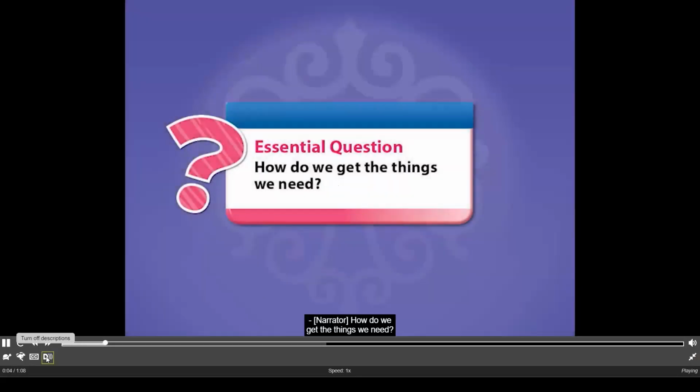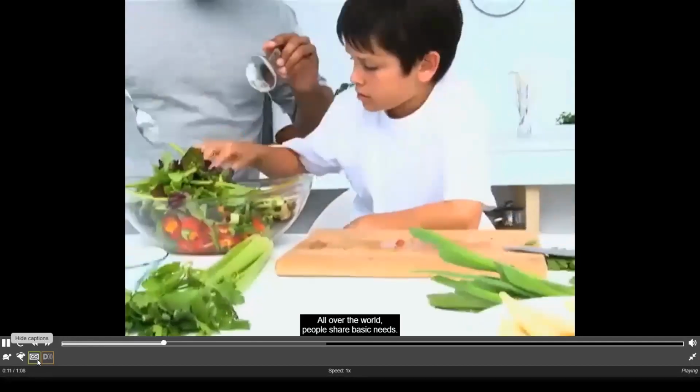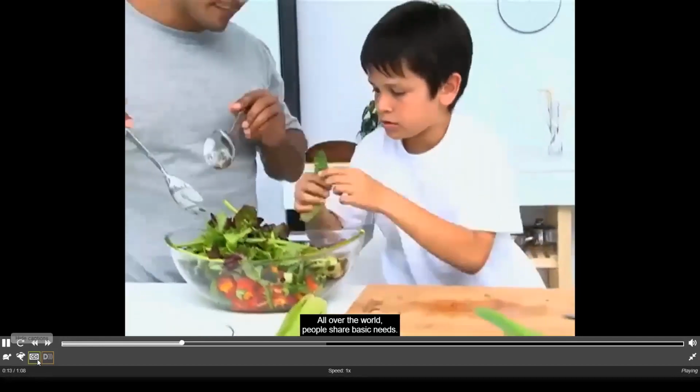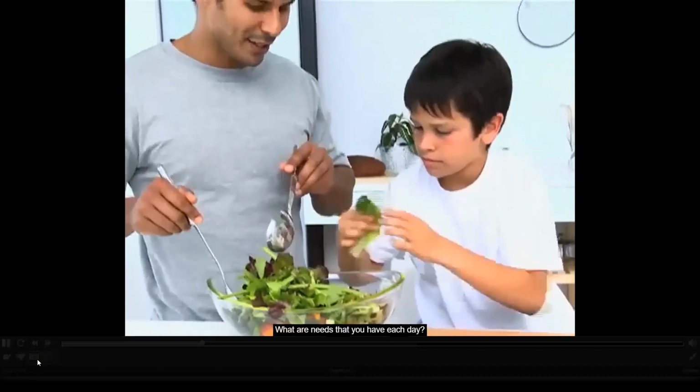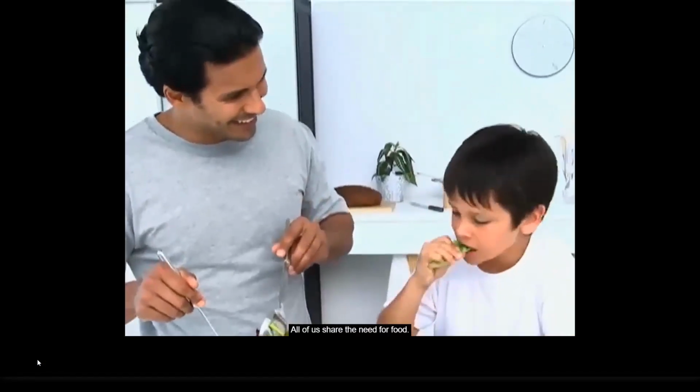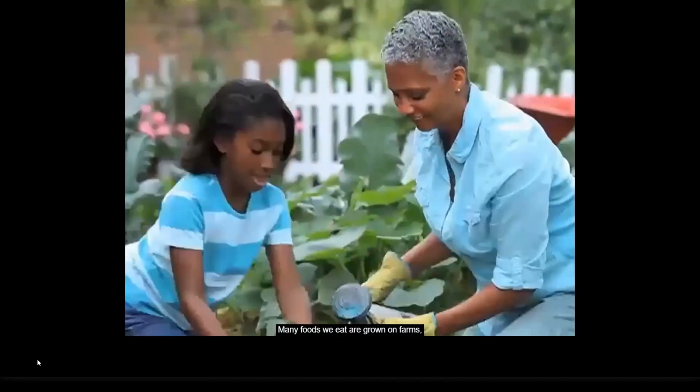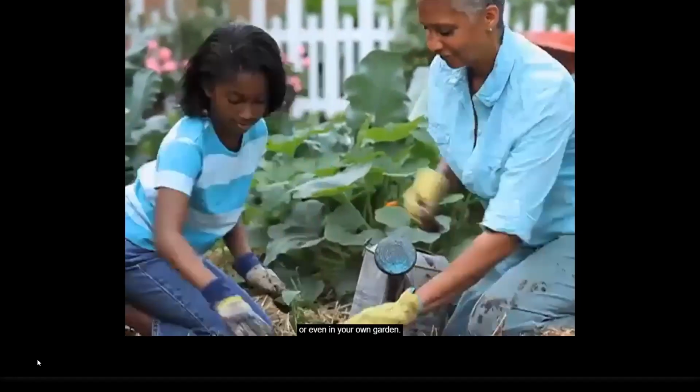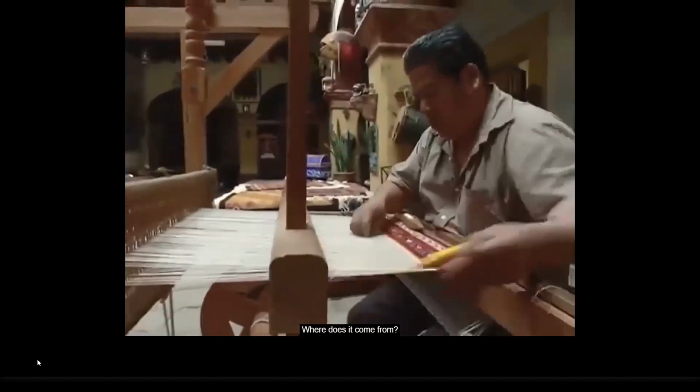How do we get the things we need? All over the world, people share basic needs. What are needs that you have each day? How are they met? All of us share the need for food. Many foods we eat are grown on farms or even in your own garden. Another basic need people have is clothing. Where does it come from?